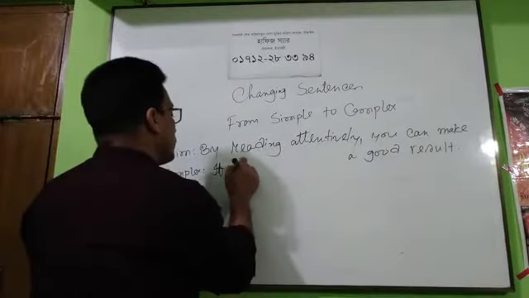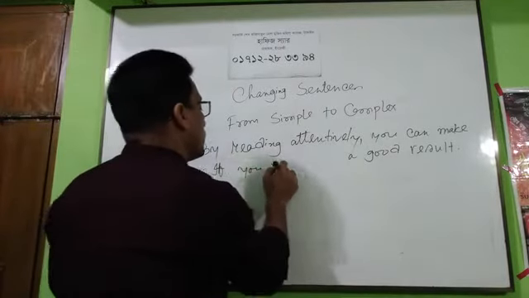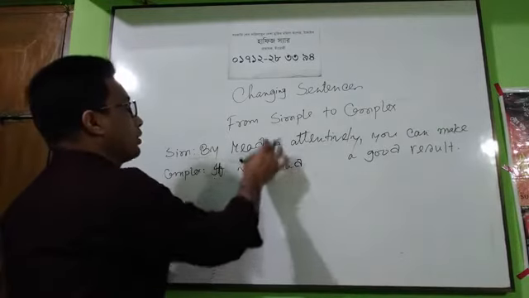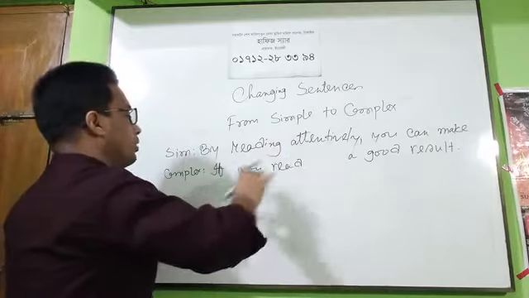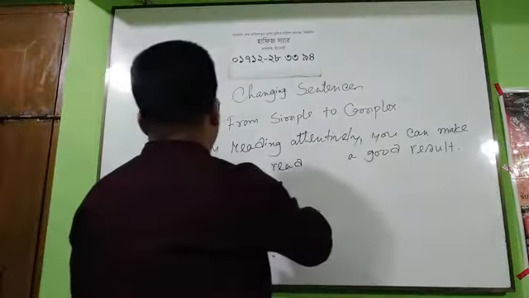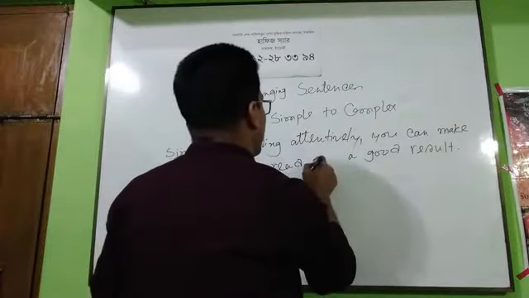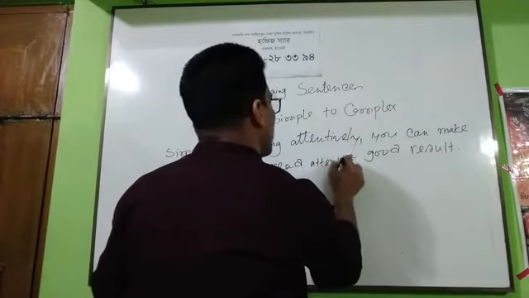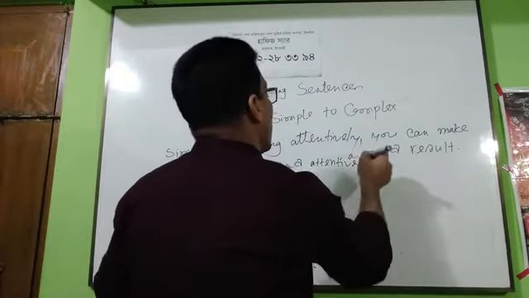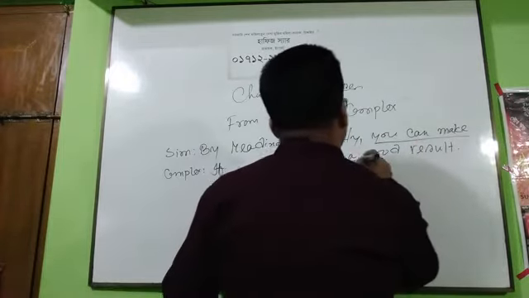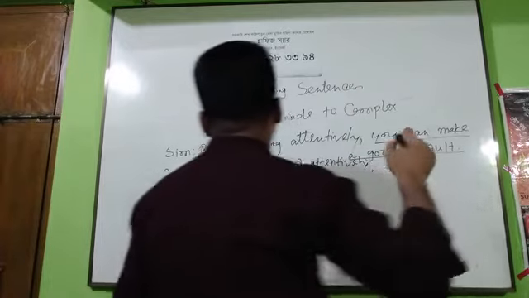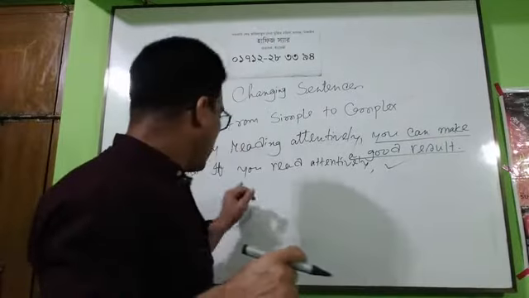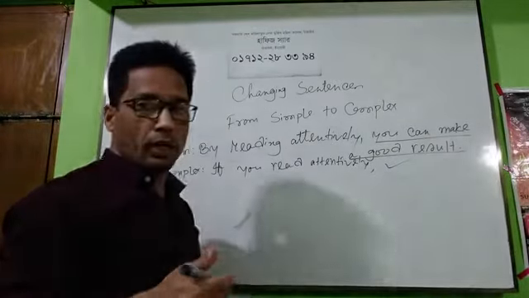If you read, because if plus subject plus verb 1, and this ing will be removed. If you read attentively, and then the principal clause will be the same. If you read attentively, you can make a good result.